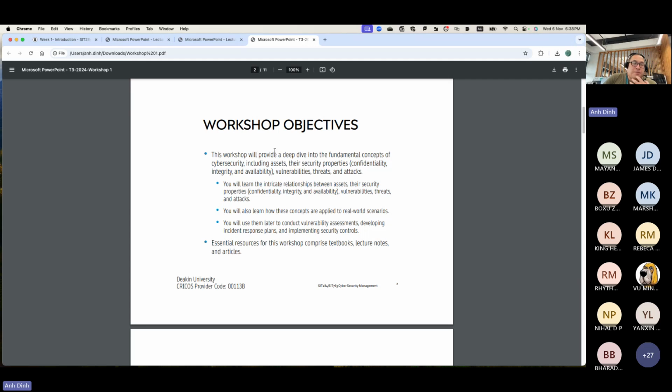Okay, so for this very first workshop, we will provide a very deep dive in the fundamental concept of cybersecurity, and I will talk a bit more about this in a moment. But the key point of this week is about doing vulnerability assessments, right? So the idea behind vulnerability assessment is for you to brainstorm the weakness in the system and the risk associated with different components of the system, and to enumerate all the assets that you need to protect, and what are the risks associated with each of these assets.